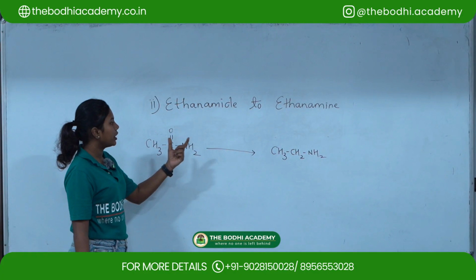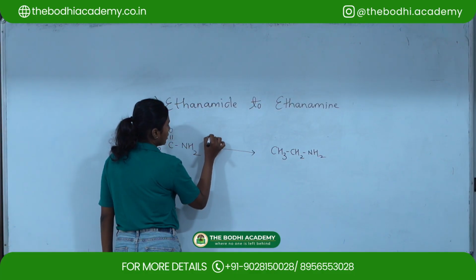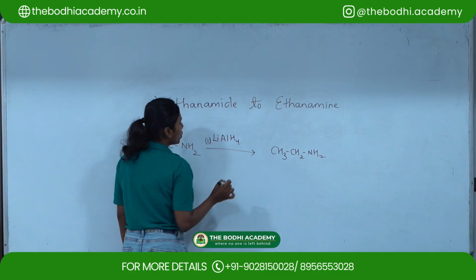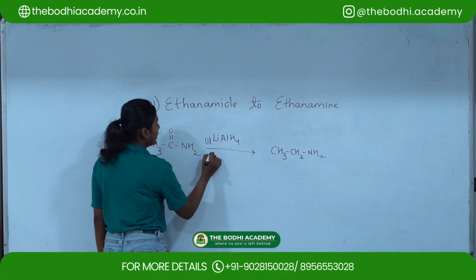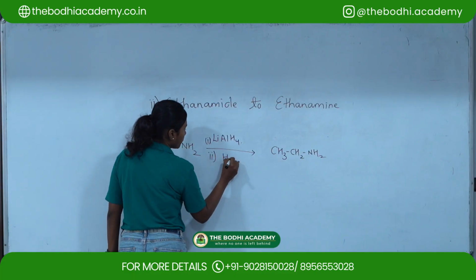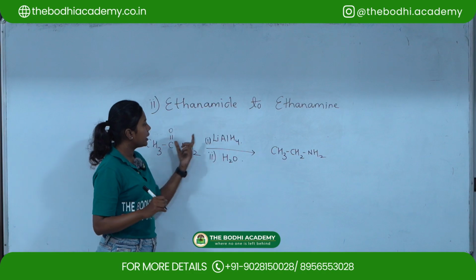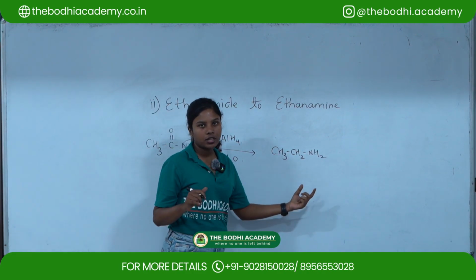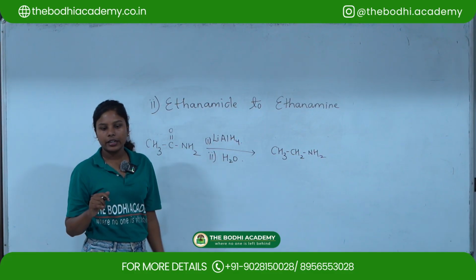One common reducing agent that we know is lithium aluminium hydride. LiAlH4 is one reducing agent, in the presence of water. This reaction will reduce this ethanamide to ethanamine for us, using lithium aluminium hydride as the reducing agent.